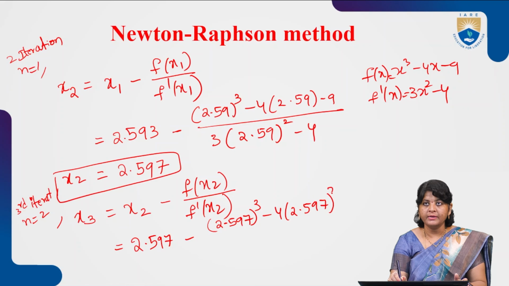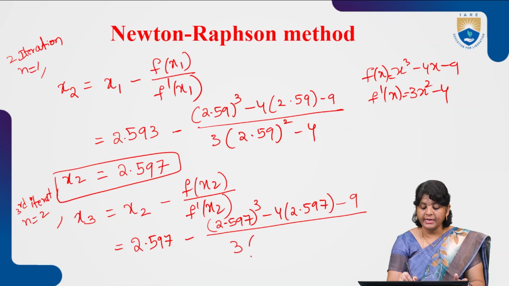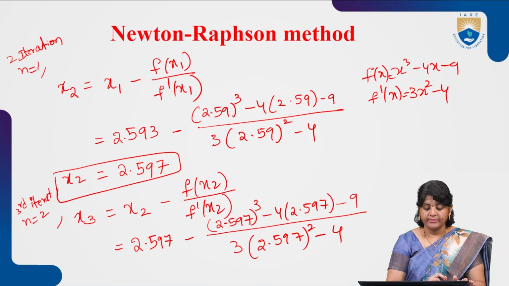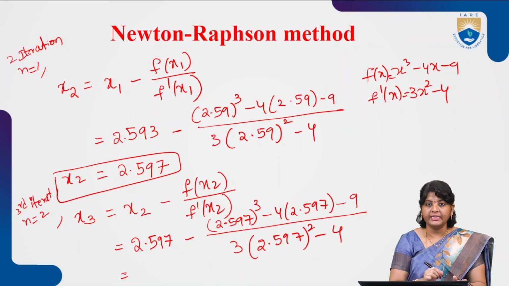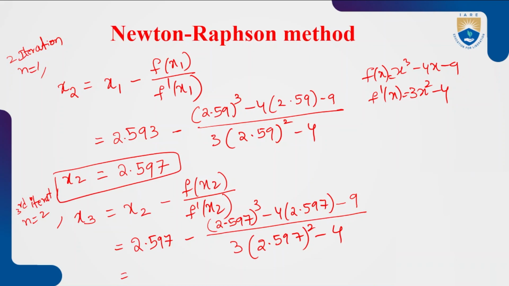Sorry, there is no square. Minus 9 divided by 3 into 2.597 whole square minus 4. After substituting all the values in the equation, in the calculator, you will get the value as 2.597.